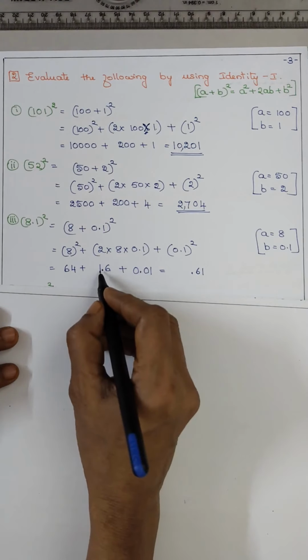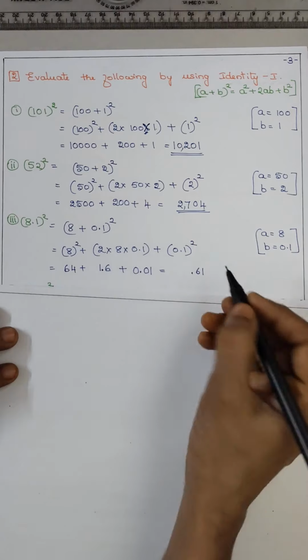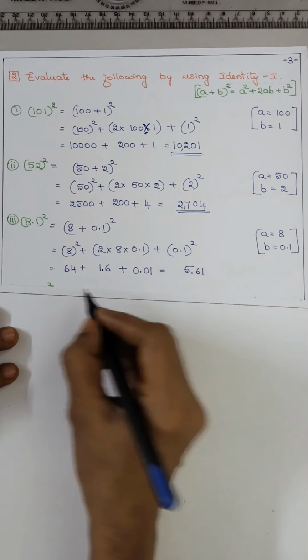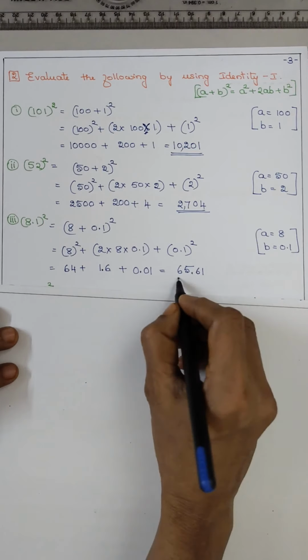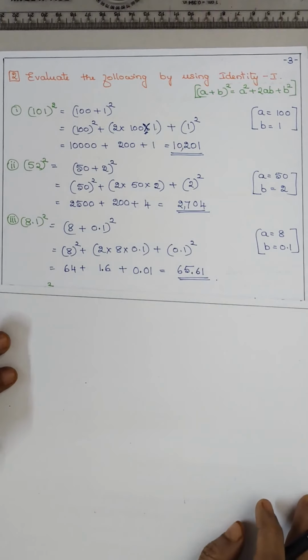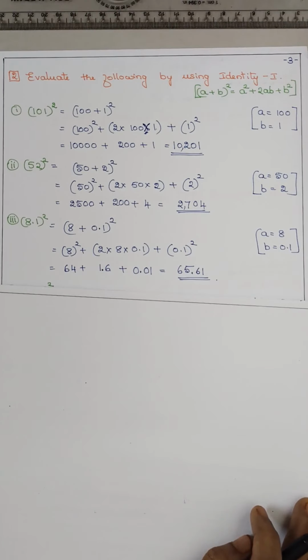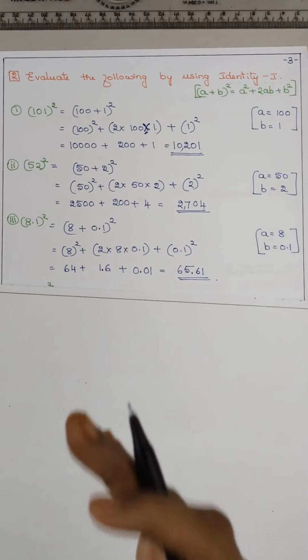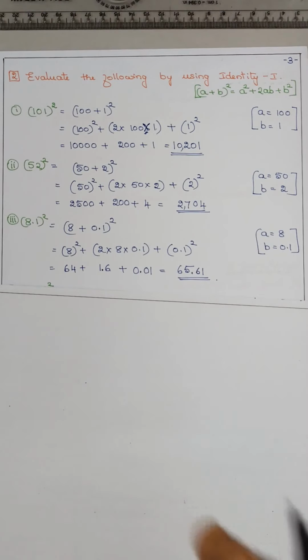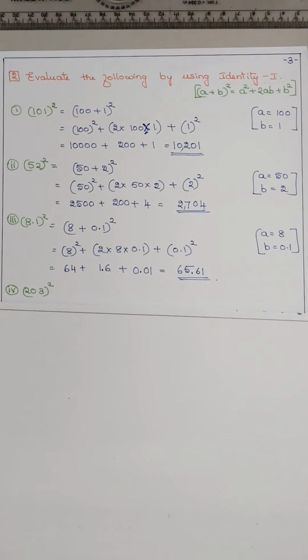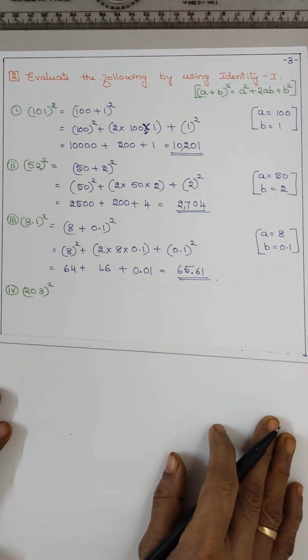Now ones place 1 plus 4, 5, and tens place 6. Hope you remember the decimals lesson from 5th standard, isn't it? So decimals place from the decimal point it will be tenths, hundredths, thousandths. First decimal, second decimal, third decimal. Accordingly you have to add.